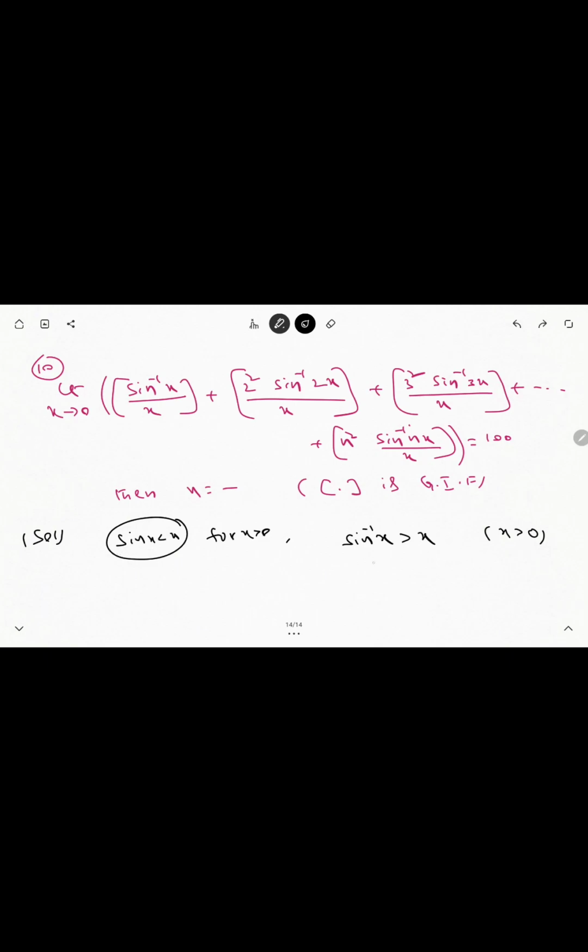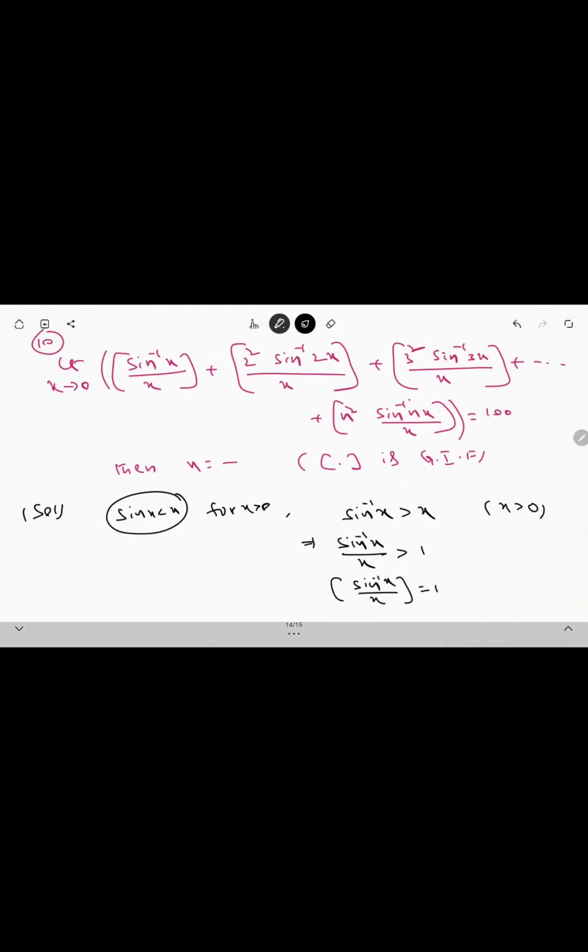It is arc sin x, therefore it is greater than x for x positive. So cross multiply now. Arc sin x by x is more than 1. So the integer part value is 1 for x tends to 0 plus. This box value is 1. Right?